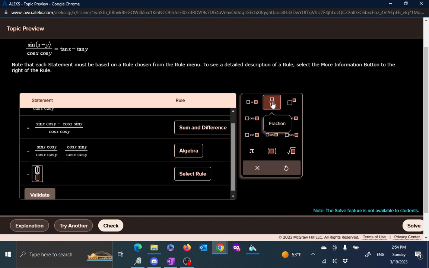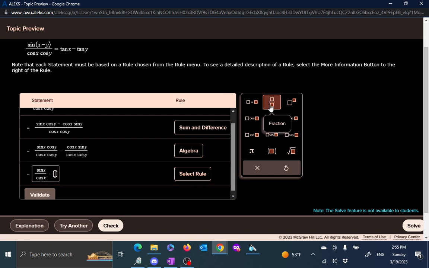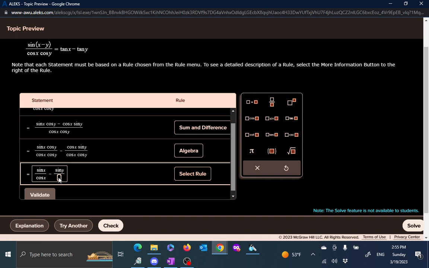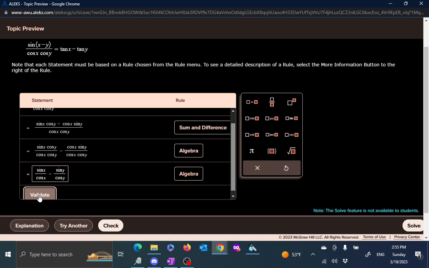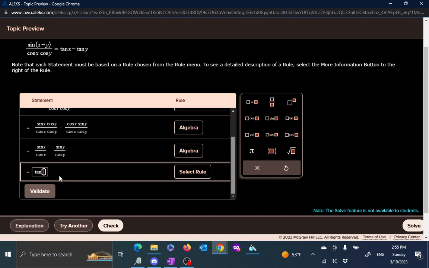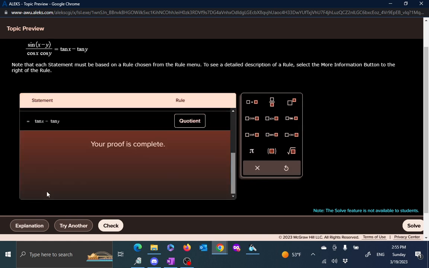Another fraction. So what's left? Sine of x over cosine of x, then minus another fraction. Now cosines cancel. I have a sine of y over cosine of y. We are doing again just algebra. Validate. Now that is tangent of x minus tangent of y, and that is our quotient identities. Is that right? And that's what's on the right hand side.